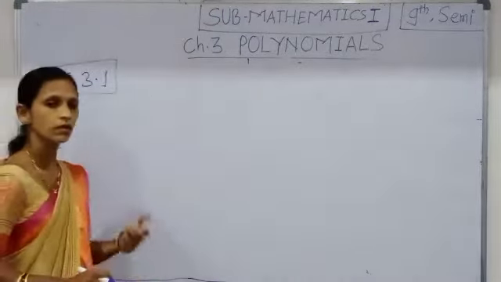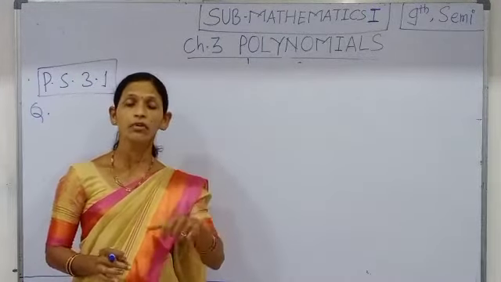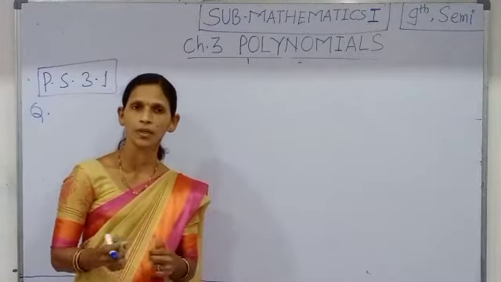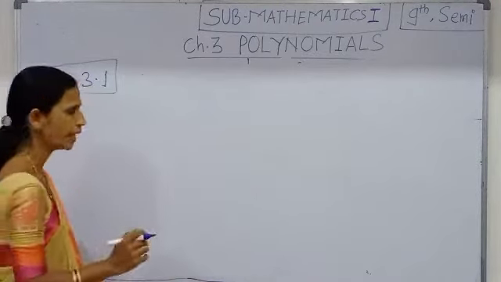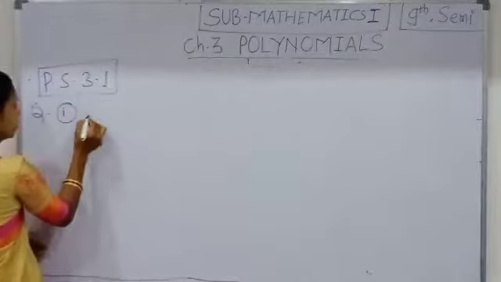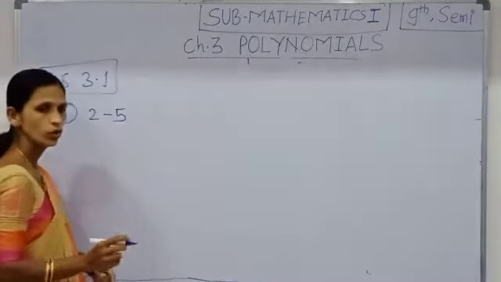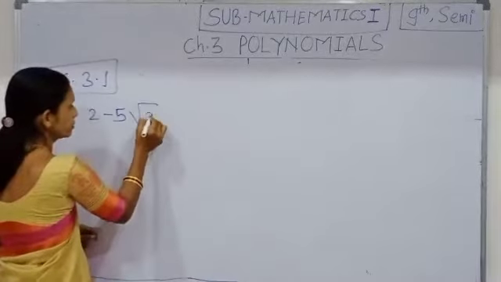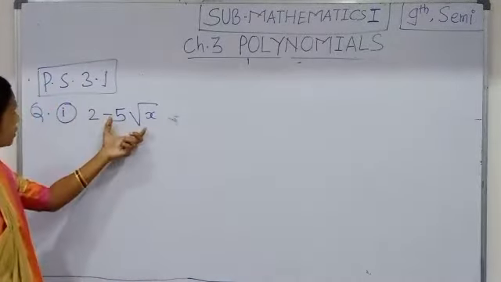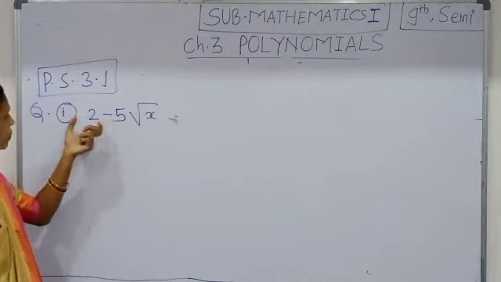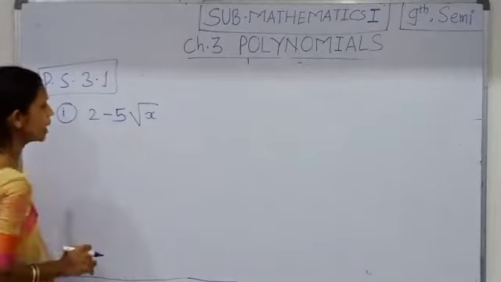The question says: state whether the given algebraic expression is a polynomial or not. One example is 2 minus 5 root x. By observing the terms, we can convert it into standard form.